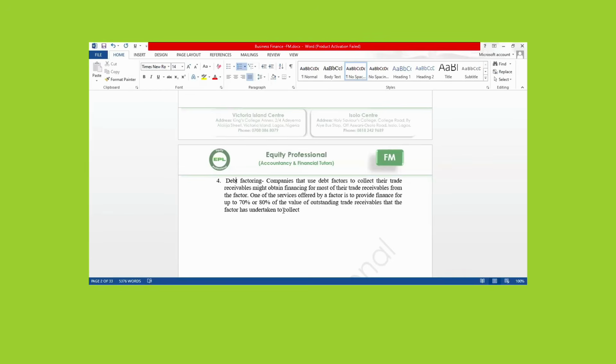One of the services offered by a factor is to provide finance for up to 70% or 80% of the value of the trade receivables the factor has undertaken to collect.